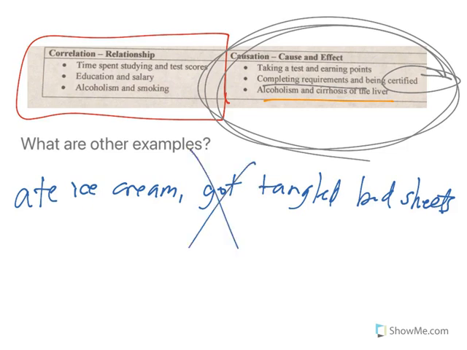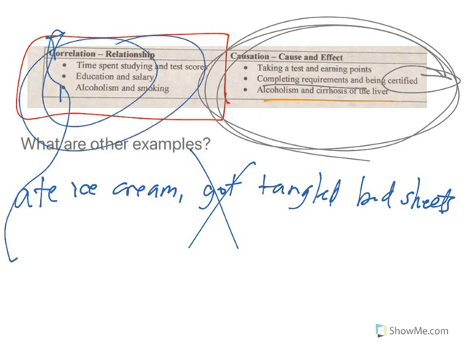No. That is not a cause and effect, but based off data, it does show a relationship. So that's kind of a ridiculous example, but that proves the point that things can be related. We can show that the more ice cream you eat, the more people get tangled in their sheets. It might just be that people who are prone to get tangled in their sheets really like ice cream. I don't know. It just is what it is.